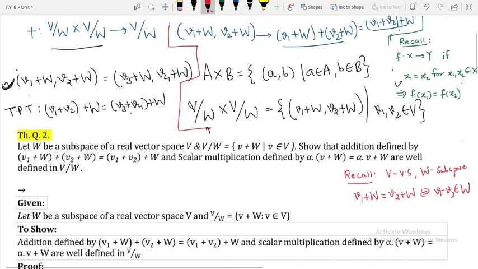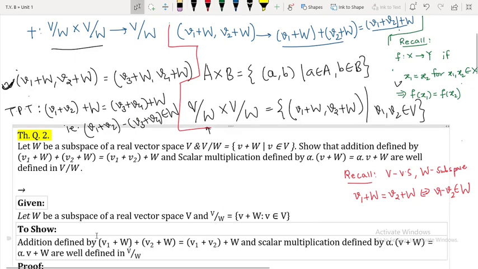W. So in other words, that is what I am going to show: (v1 plus v2) minus (v3 plus v4) belongs to what? W. Okay, I hope you are getting what I am trying to tell you, okay?